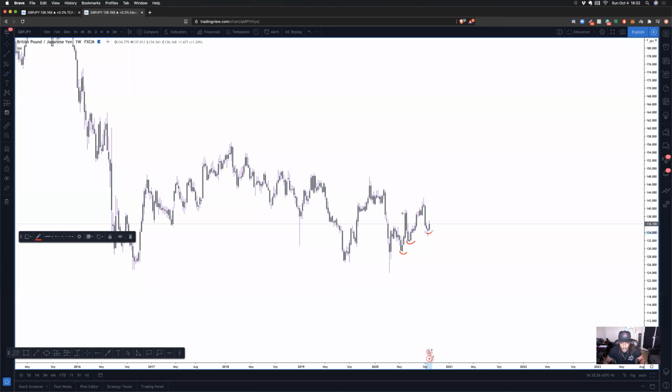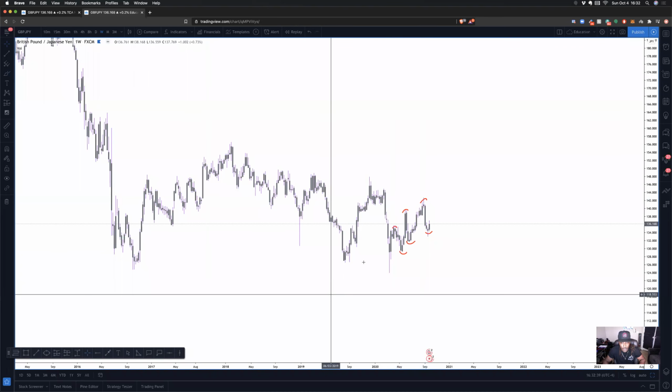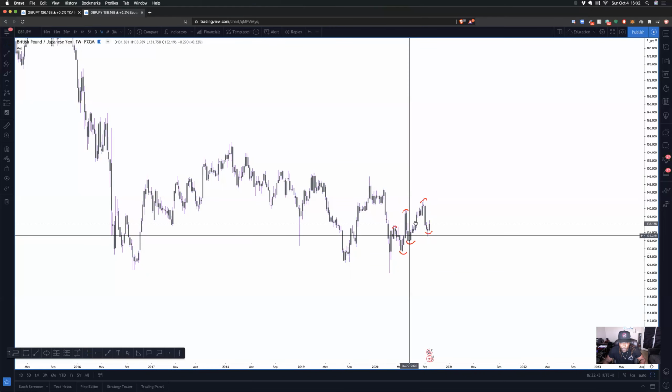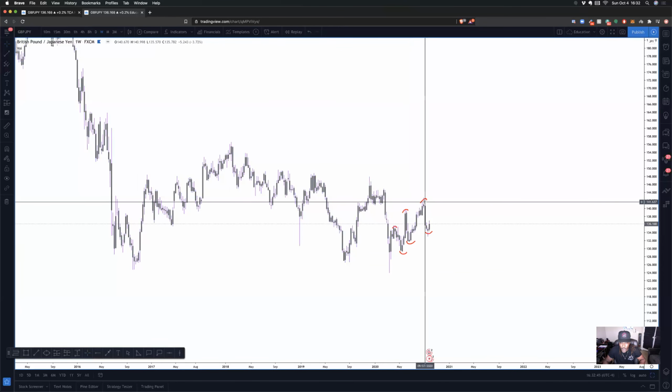And we also have higher highs forming within this structure here. This was the last lower high that we had. And we can see price broke above, came back, created a higher low, pushed up, created a higher high, and then another higher low.